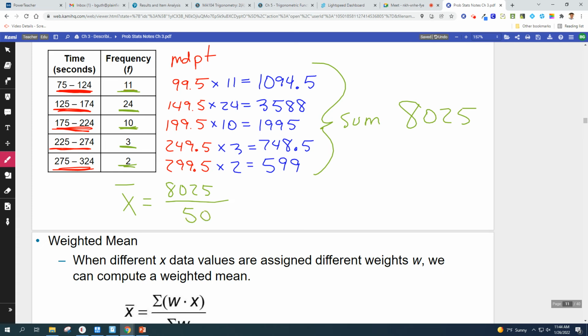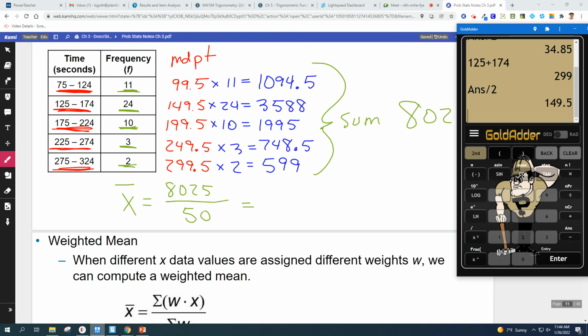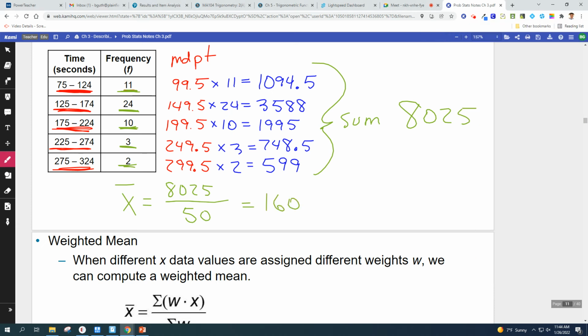So we're dividing by 50 because that's the number of numbers in that data set. 8,025 divided by 50 is $160.5. Let's call that 160.50.